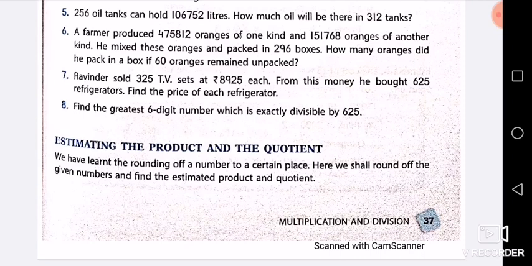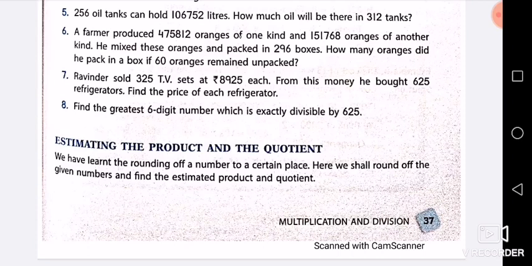Because these 60 oranges were not packed in any boxes. So that will be the remainder. So you will subtract, and then you will do division, to see how many oranges were packed in 296 boxes. So you will find out the number of oranges packed in one box. Okay, got it?